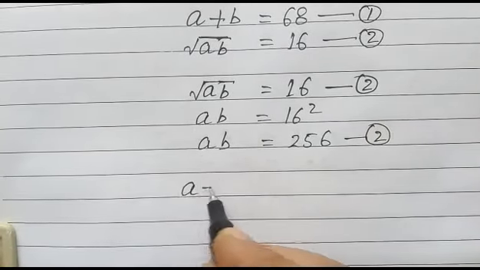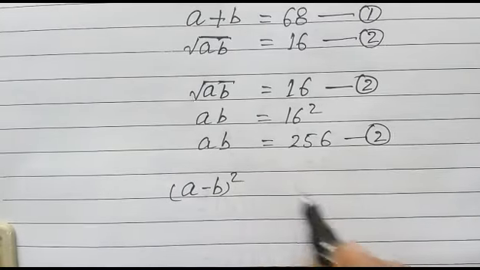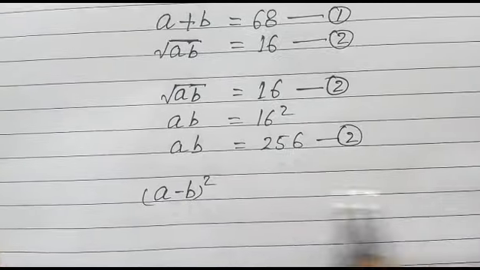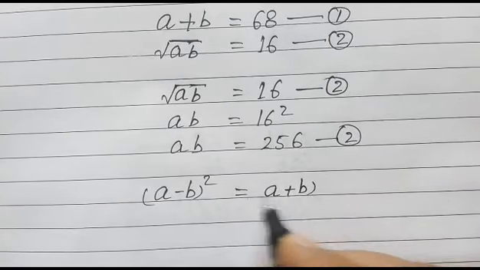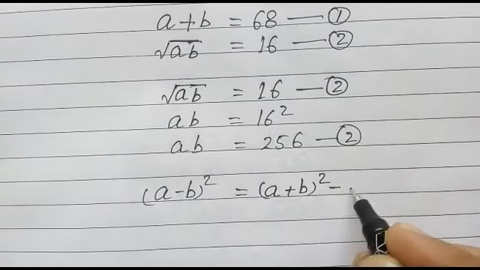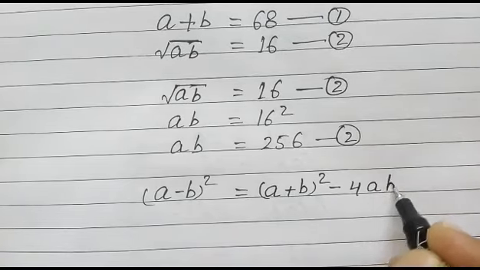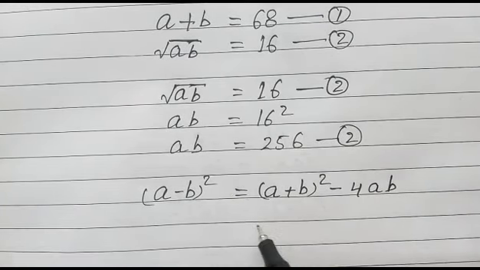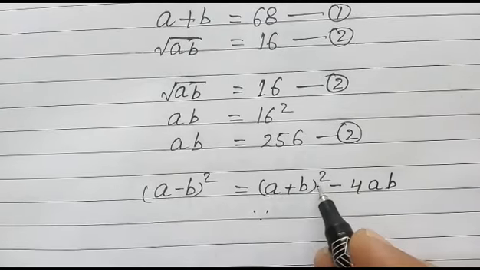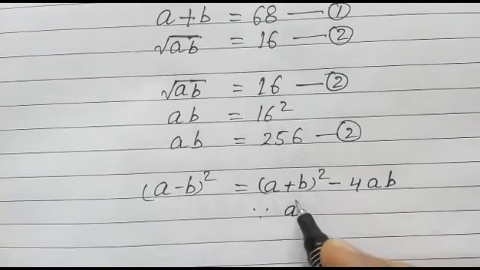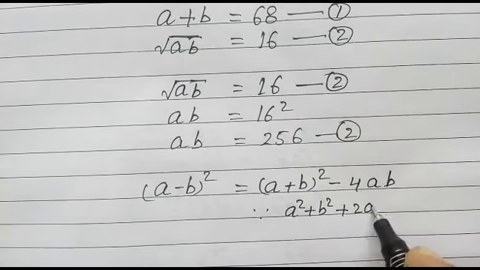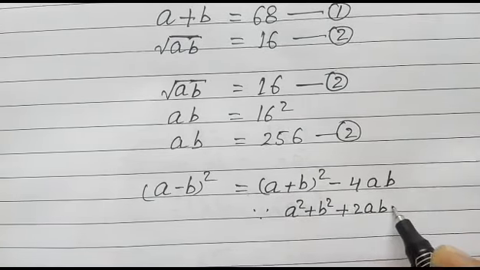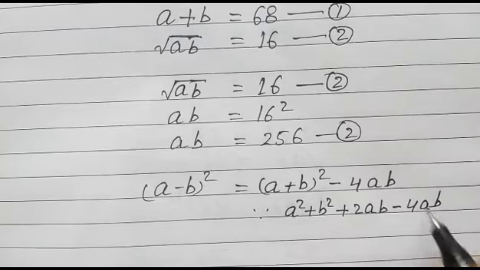Now (a minus b) whole square can be written as (a plus b) whole square minus 4ab, right? Because (a plus b) whole square is a square plus b square plus 2ab, and this minus 4ab, right?